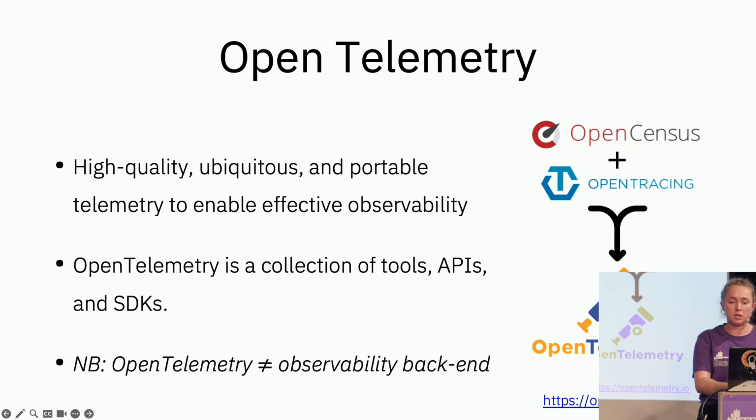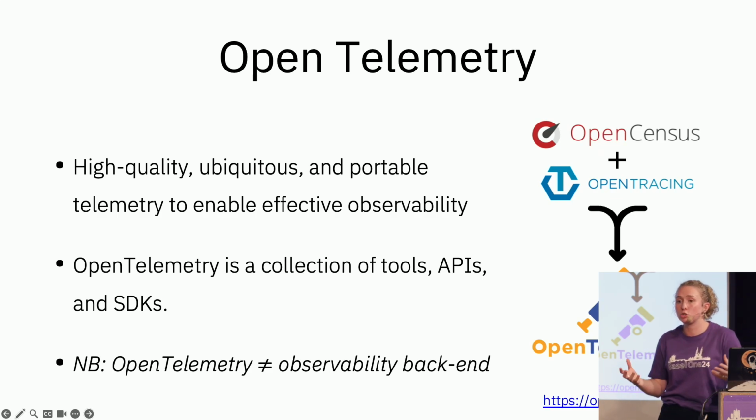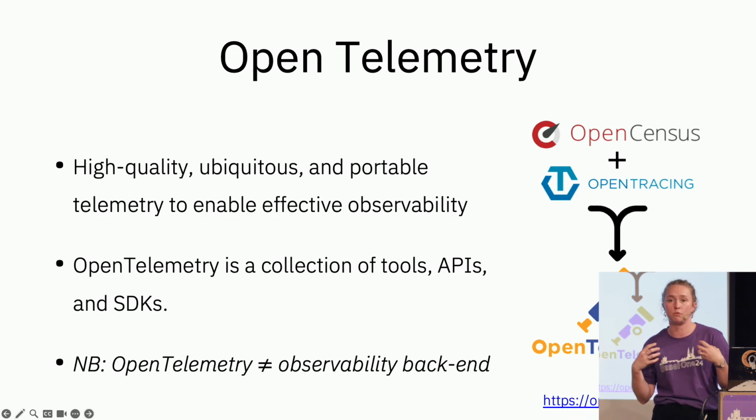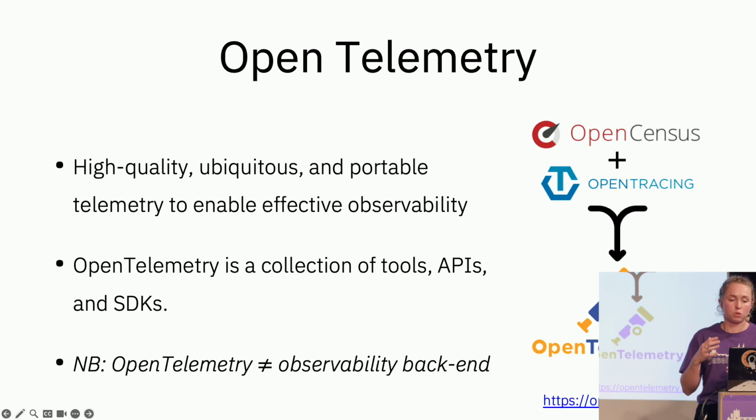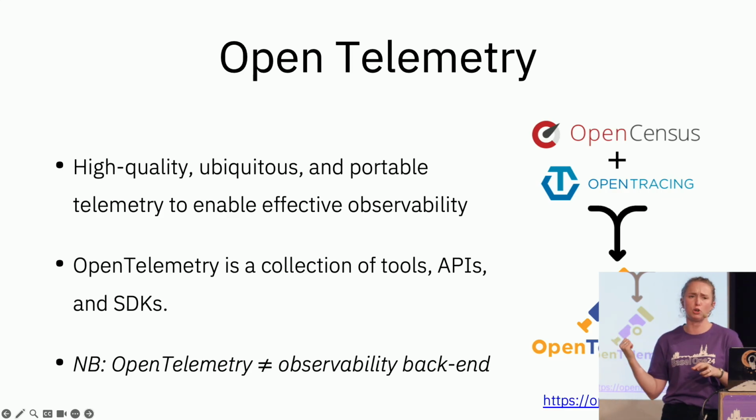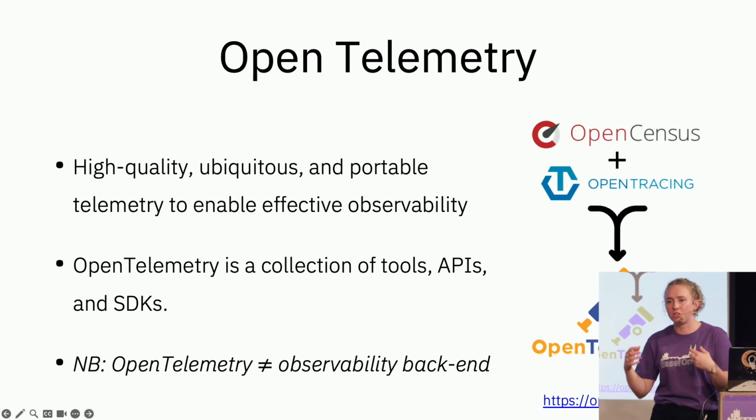The nice thing about Open Telemetry is that it is a growing project. It's actually the fastest growing CNCF project aside from Kubernetes. So it's got a lot of community backing, and people contributing to it already. The one thing I would say is that Open Telemetry is fantastic, but a lot of people look at Open Telemetry and think, great, that's my solution, that's all I need. The thing to note here is Open Telemetry does not, I repeat, it does not give you a full end-to-end observability solution.